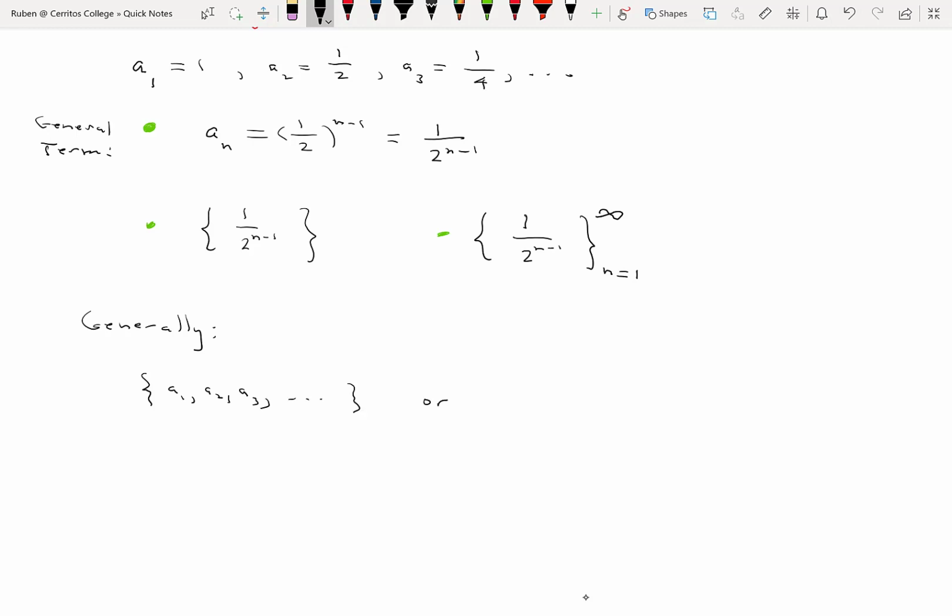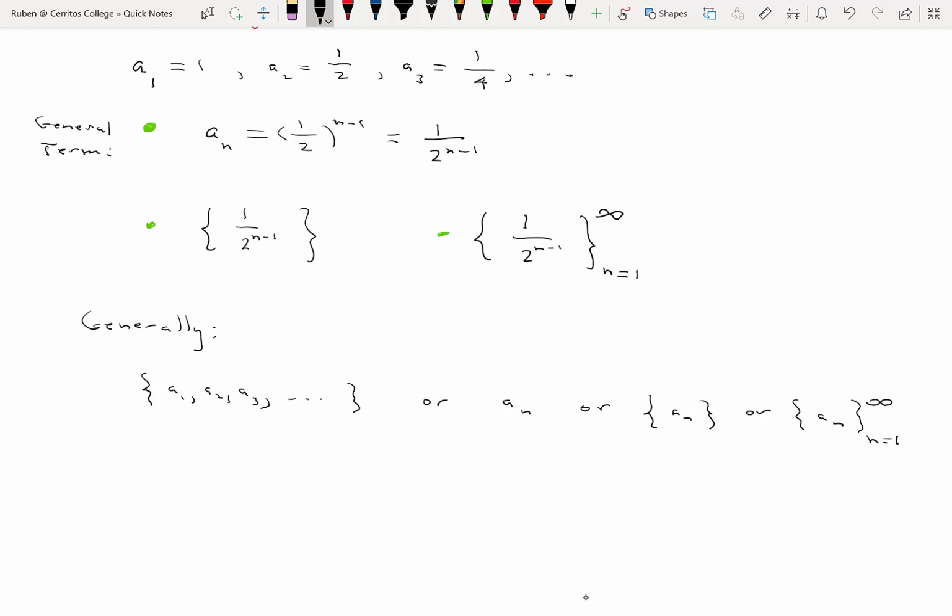Or we can write a sub n, a function of n with the variable in the subscript, or we can plop that function into braces, or we can plop that function a sub n, the general term, in braces, and indicate where the sequence starts. Okay, and always to infinity.